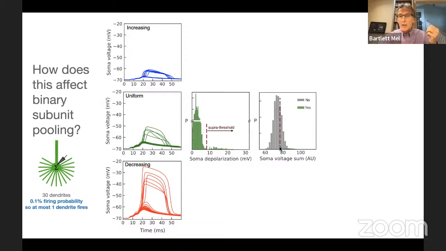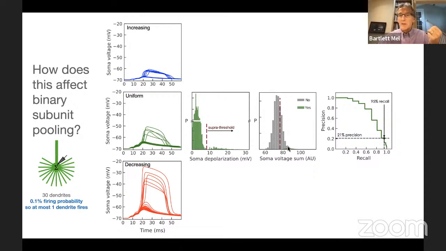And if you wanted to draw a red line as a threshold between them, the way that we picked that red line is we said, let's make sure that 95% of the true yes cases are to the right of this red line. Then we can make a precision recall curve, and this is where the precision recall is. Here we are at 95% recall, meaning we're going to catch 95% of the yes cases.